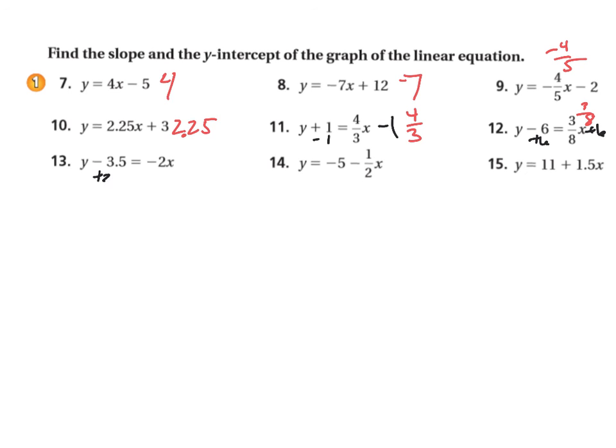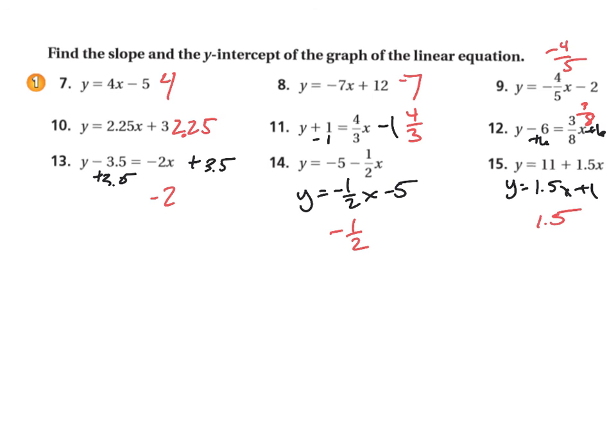Switch this one around. So my slope would be -2. Have to switch these two around. Y equals -1/2 x minus 5. So my slope is -1/2. Switch these two around. Y equals 1.5x plus 11. So my slope is 1.5.